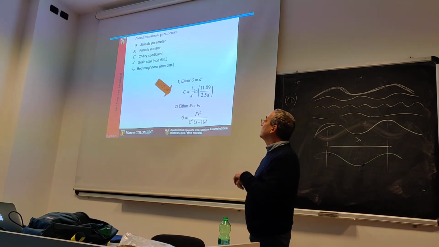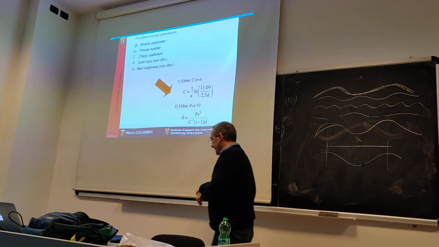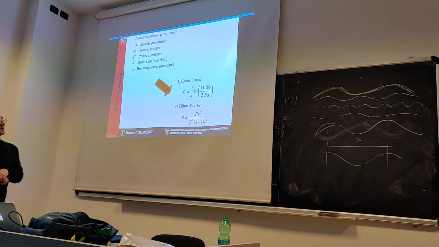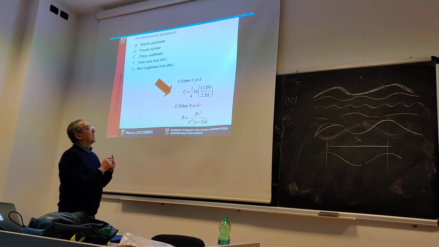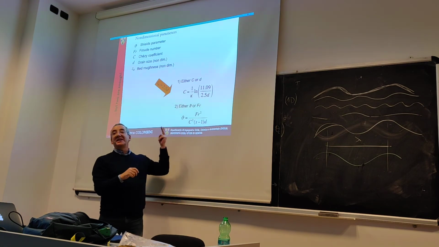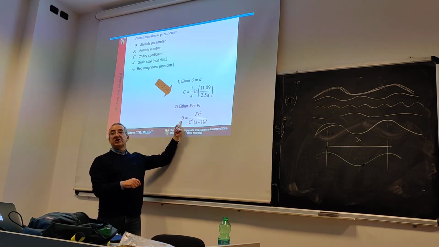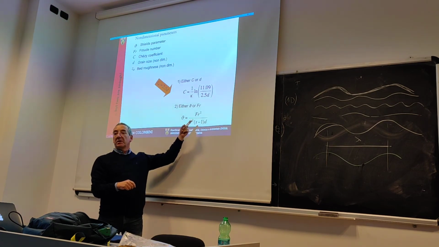So when I told you about the state of the system, the state of the morphodynamic system can be defined in terms of just two non-dimensional parameters. You can choose either a dynamical parameter, which is either the Shields number or the Froude number.